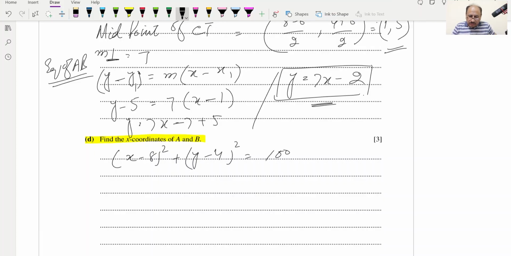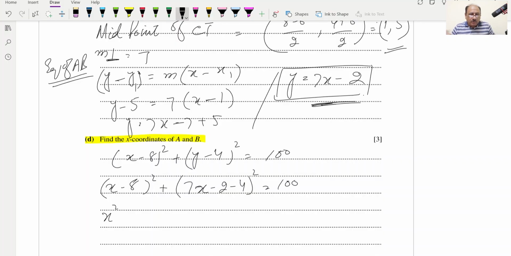This is the given equation, so we can rewrite it as x minus 8 squared plus, replacing the y value, 7x minus 2 minus 4 squared is equal to 100.